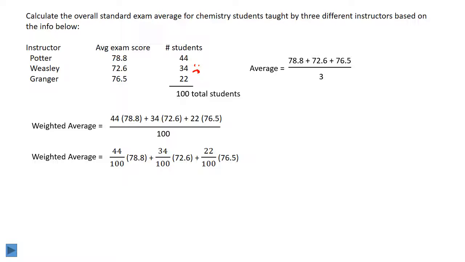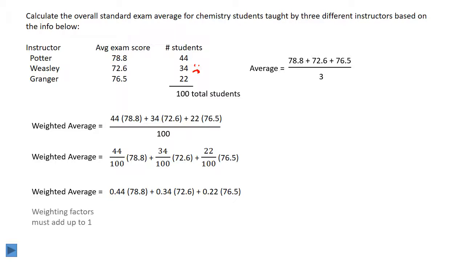I go a step further yet to evaluate each one of those fractions as a decimal. When I do that, what I find is the weighted average is 0.44 times 78.8, plus 0.34 times 72.6, plus 0.22 times 76.5.